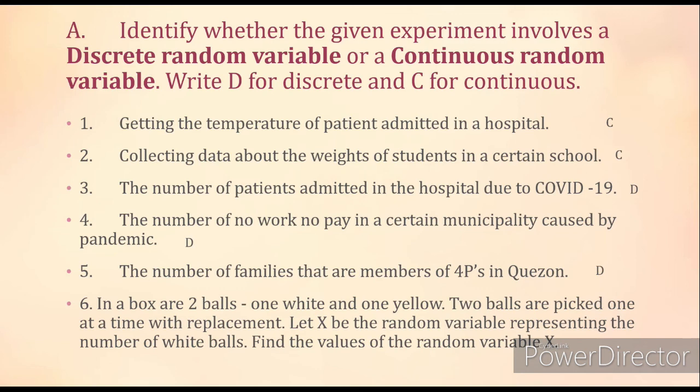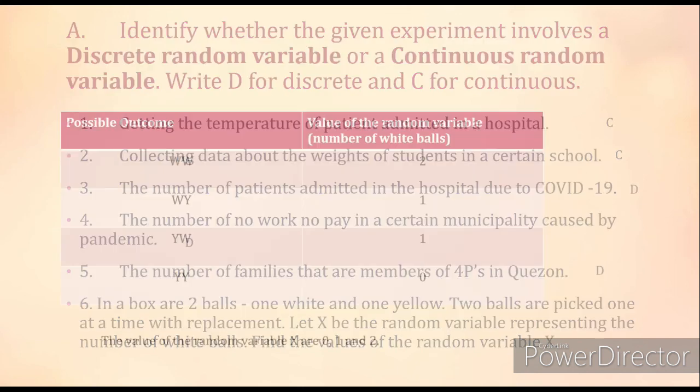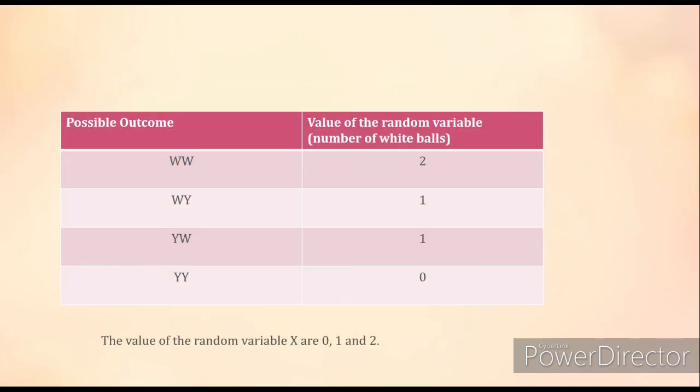Number 6, in a box of 2 balls, one white and one yellow, 2 balls are picked one at a time with replacement. Let X be the random variable representing the number of white balls. Find the values of the random variable X. So here is the answer. The possible outcomes are white, white. Since the random variable pertains to the number of white balls, the value here is 2.